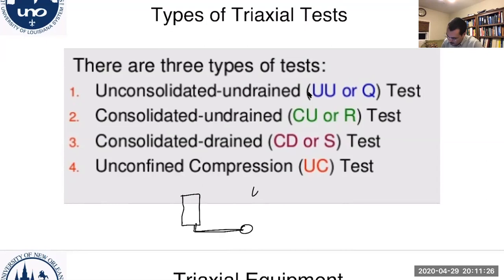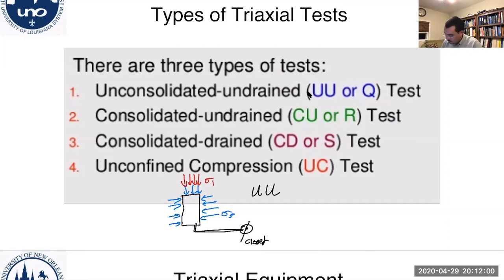In an unconsolidated, undrained test, this valve will be closed. It will be closed during the application of sigma 3, and it will also be closed during the shearing phase, or the phase where you apply the major principal stress, sigma 1.